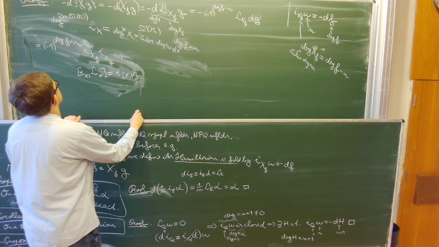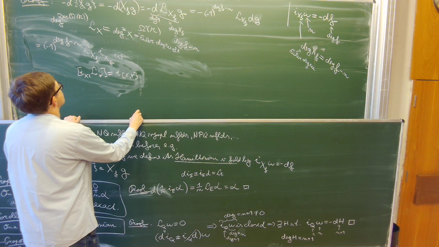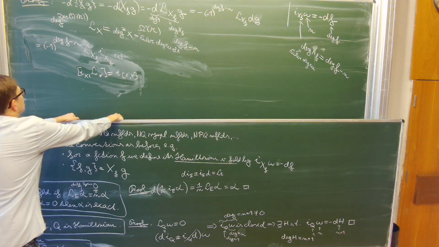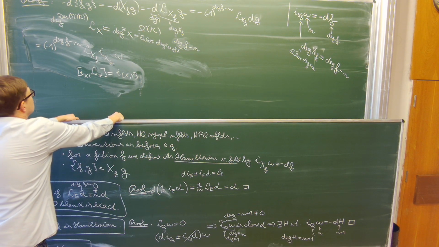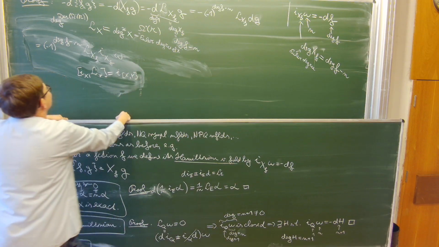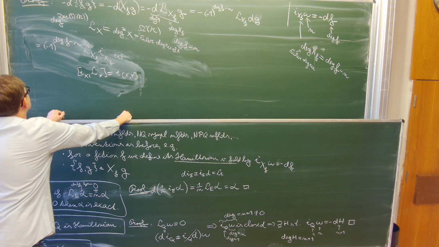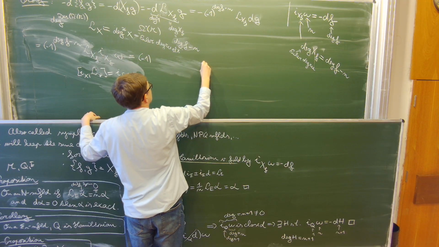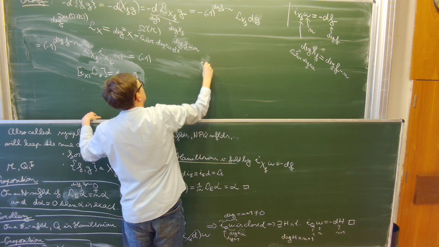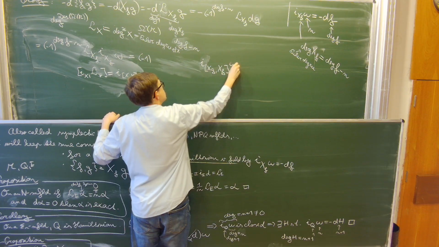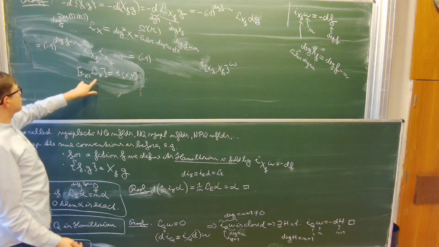I want to write this as, so I want to get this is i of xg, xf omega, but I cannot use it because there is a relative sign here, right?